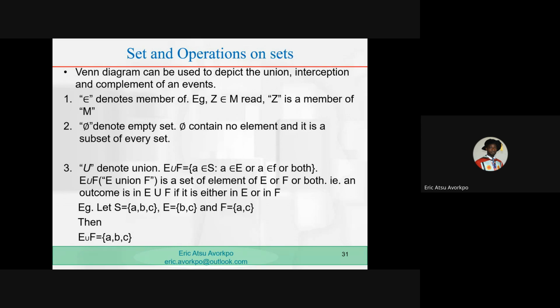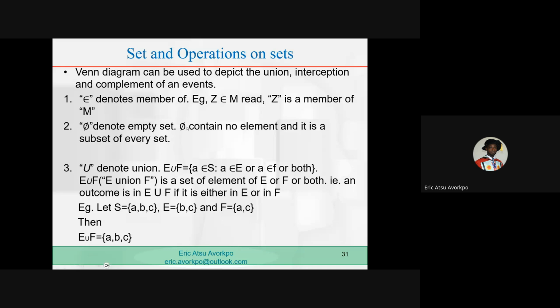Another practical way of stating it is that if I have two classes, class E and class F, and I say class E union class F, what I'm trying to say is all the elements of E plus all the elements of F, plus any individuals that belong to both classes.